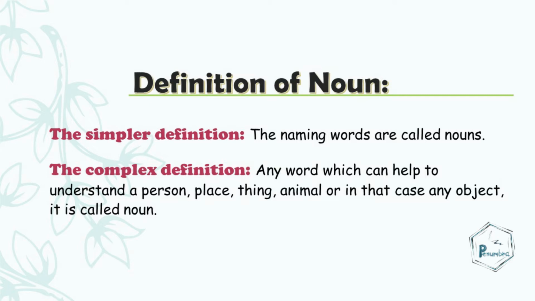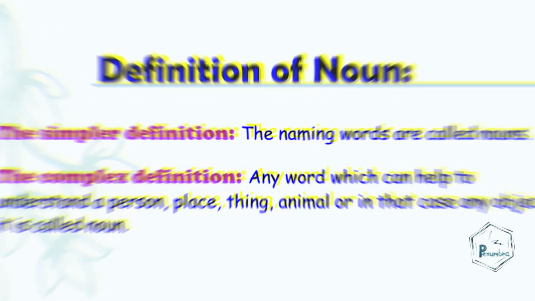Everything is a noun. We can also check out the complex definition which will provide a detailed description. Anything you name will be a noun, literally everything. Air, water, glass, bottle, everything which you can name can be called a noun.